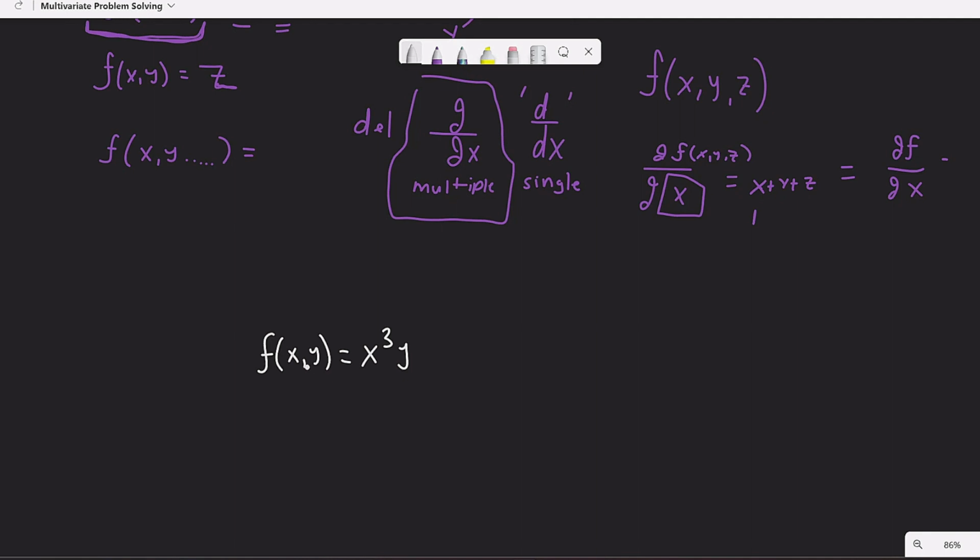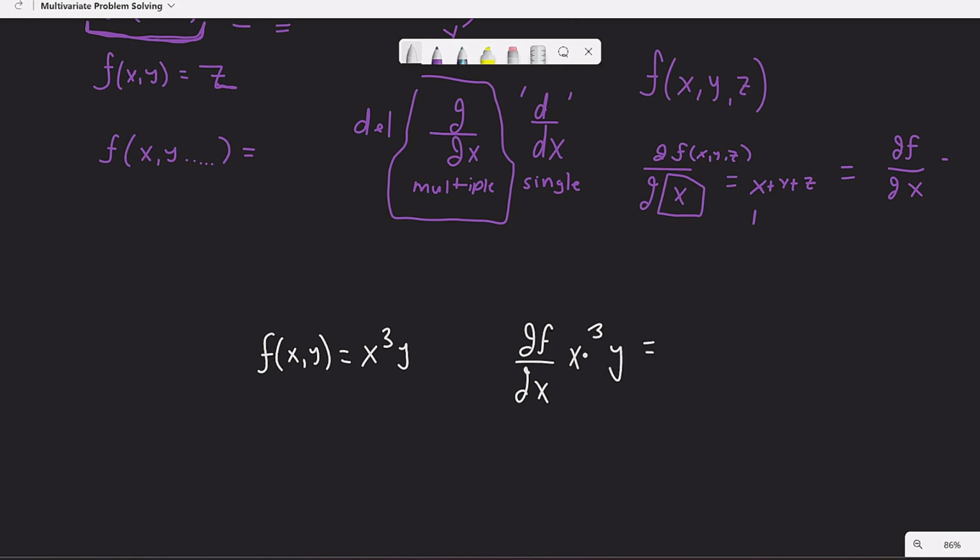And so f of x, y equals x to the third y, and we want to find the partial derivative of this. So we want to find the partial derivative with respect to x of the function f. And this equation is x to the third y.